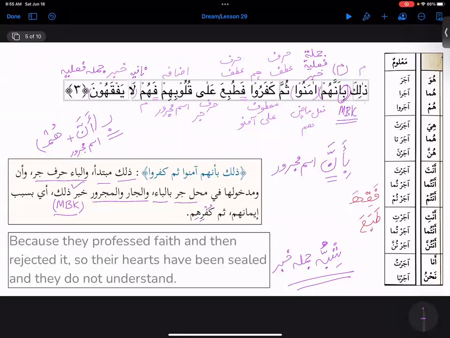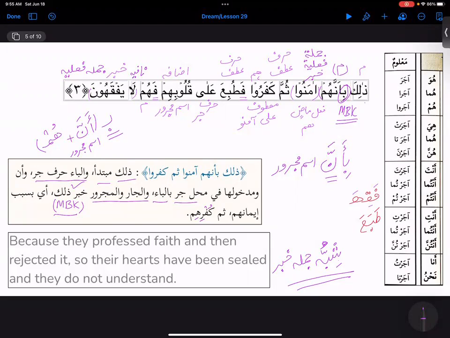We say that we are believers, but when some commands of Allah subhanahu wa ta'ala come, then we just ignore them. We don't want to do it, right? So that is the kind of state of munafiqeen. And if we do not do tawbah, if we do not repent to Allah subhanahu wa ta'ala, then the next stage comes. Fatubiya ala qulubihim.